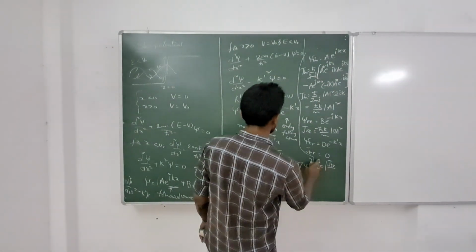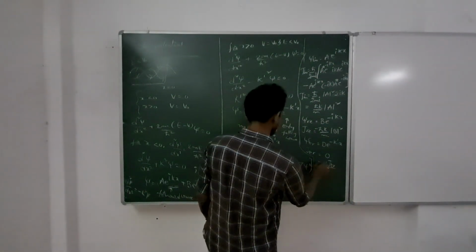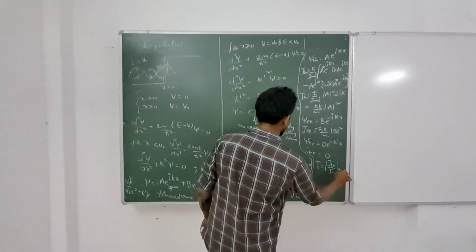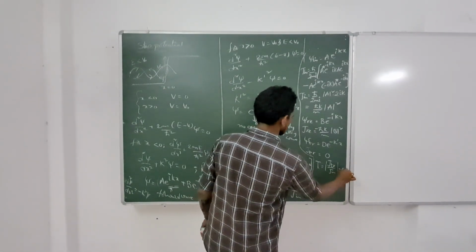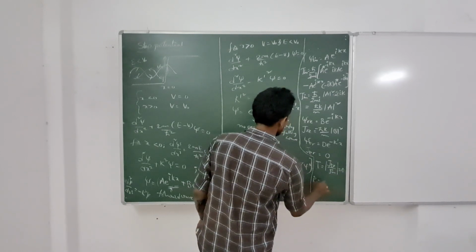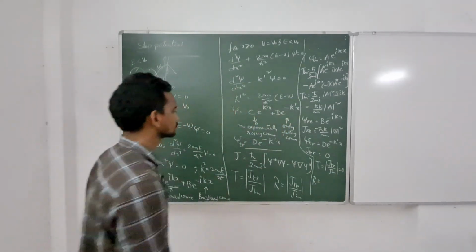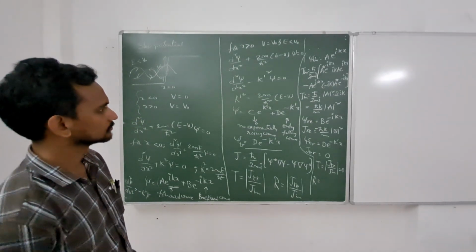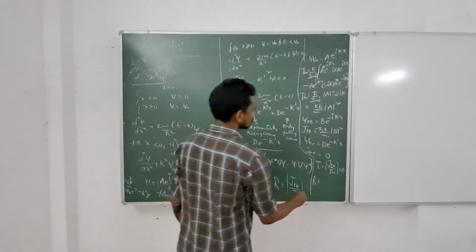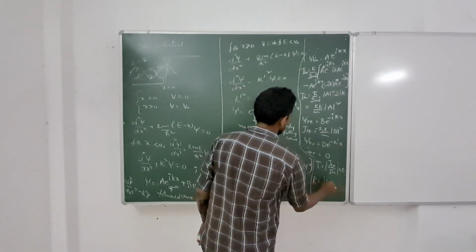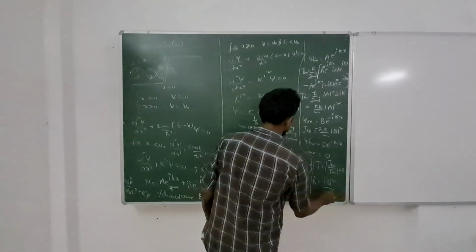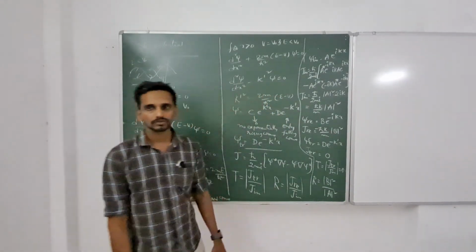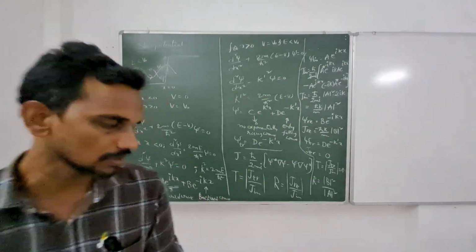And reflection quotient is what? Modulus B squared over modulus A squared.